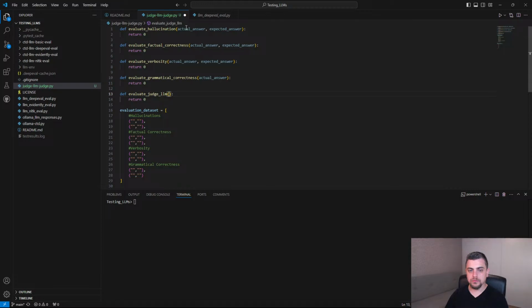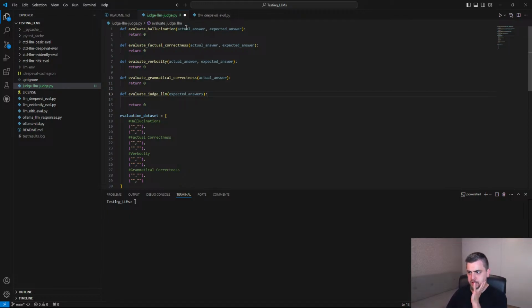So, evaluating the judge large language model, it should have some parameters, I think the set of expected answers, yeah, that's for sure.